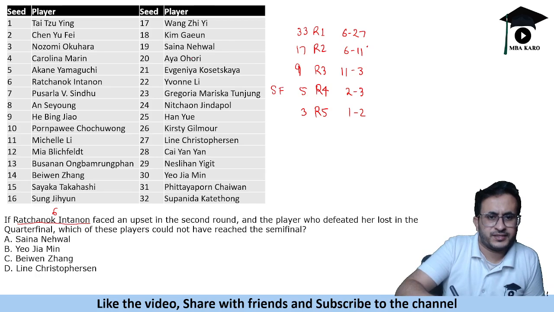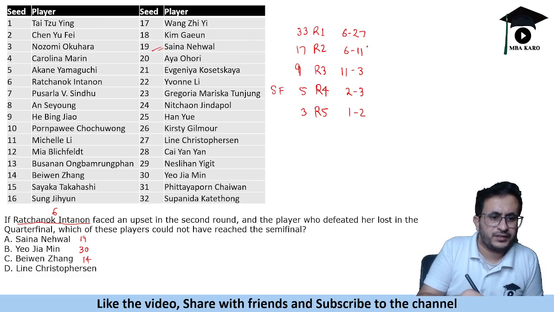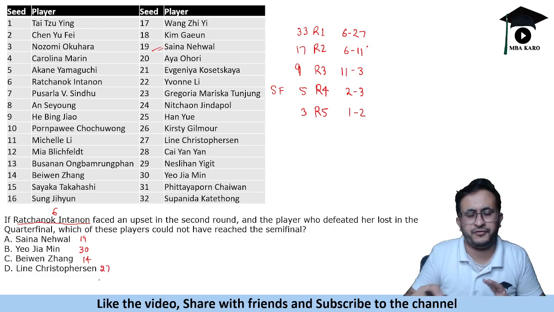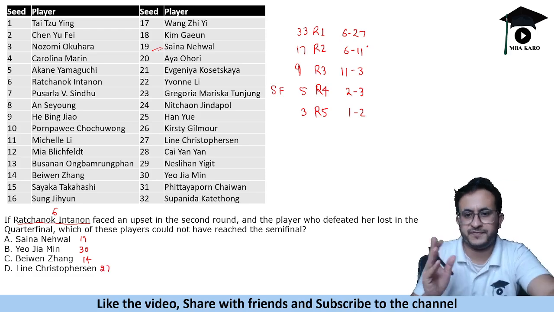Saina Nehwal is 19, so we will have to check for 19. Yeo Jia Min is 30. Then we have Beiwen Zhang, who is 14, and Line Christophersen is 27. Now how do we find this for these players? It is very simple.